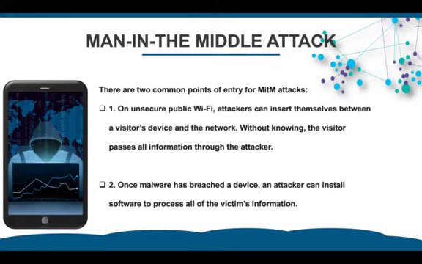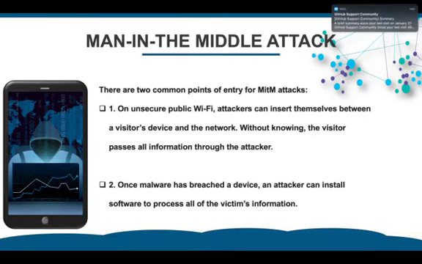There are two common points of entry for man-in-the-middle attacks. Just like I said, Wi-Fi networks, mostly with weak encryption or mostly unsecured public networks. It's very dangerous to connect to free public Wi-Fi. Sometimes an attacker opens a free Wi-Fi, and when you connect, they're able to gain access to your machine.